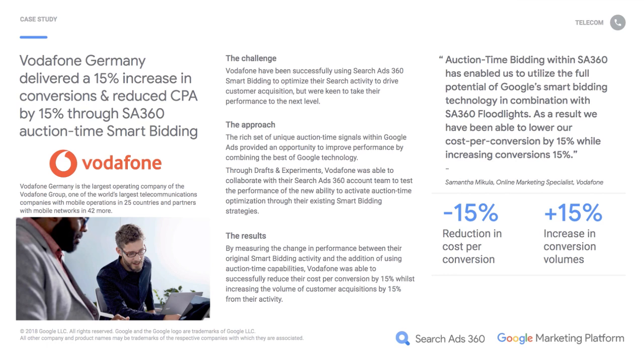So they were keen to figure out if this impacts their conversion volume, and by the end of the test, we found their cost per acquisition reduced by 15% and their conversion volumes increased by 15% as well. These are very expected results. If you give the system enough time to perform, you should in most cases see an increase in conversion volume.